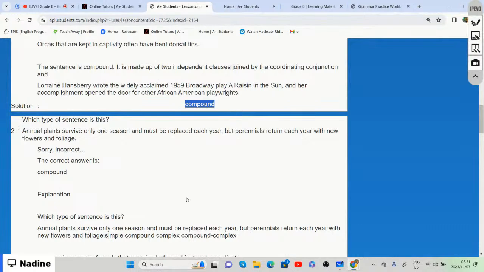So annual plants survive only one season and must be replaced each year. But, which is compound, perennials return each year with new flowers and foliage.